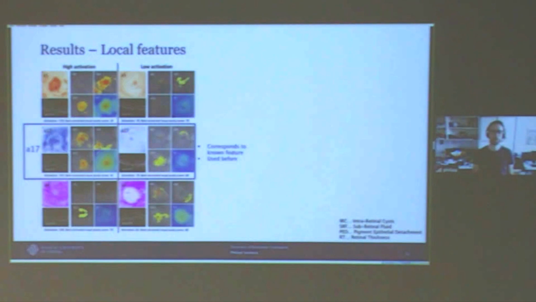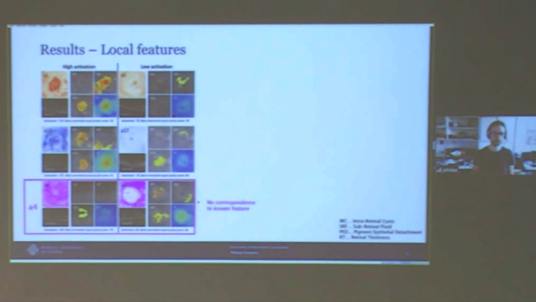Then we discovered features that were known before and have been used, which justifies that the feature representation that we learned is really useful. And last but not least, we also discovered features that had no correspondence to known features. So we argued that these features corresponded to some vessel structure below the retina or in the deeper part of the retina, but this is something that we still have to investigate.